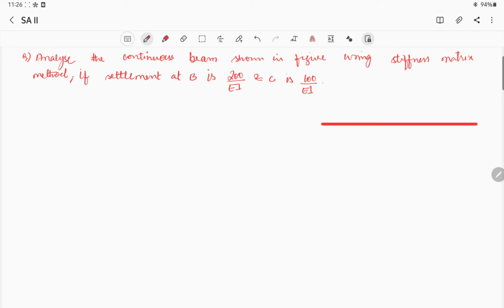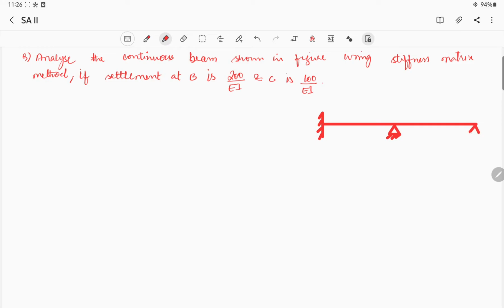The beam is sinking. Okay, so this is point A, and this is the support given to us. This is a support here and here.